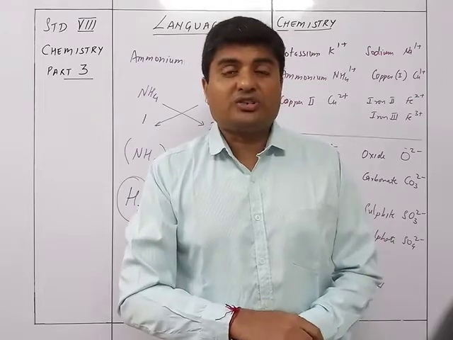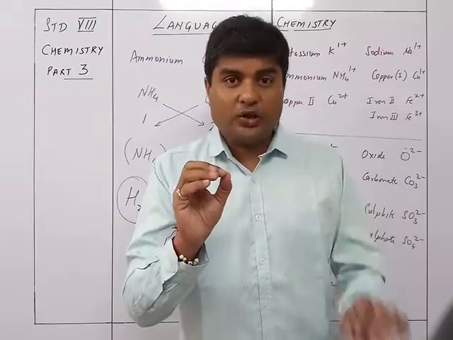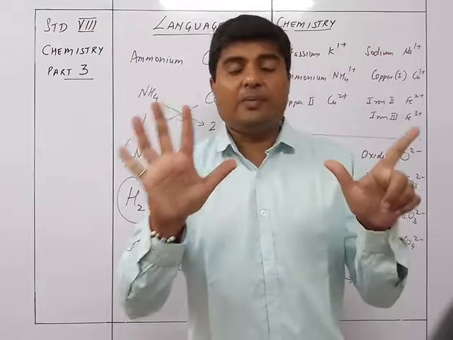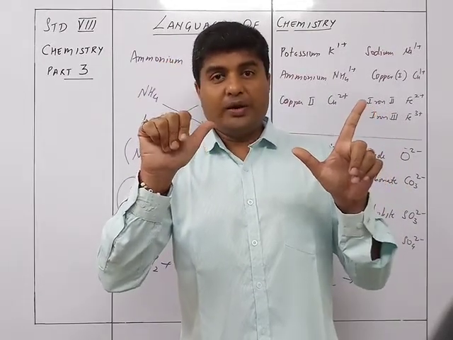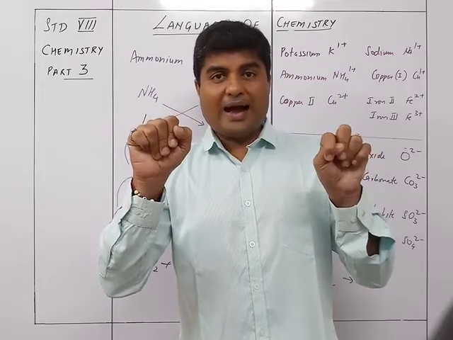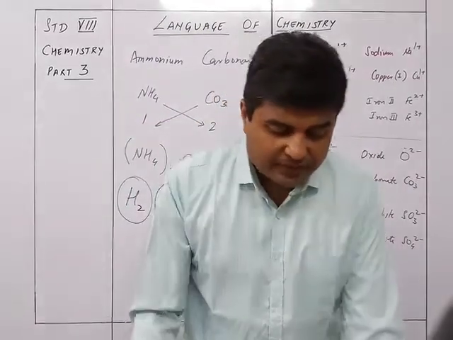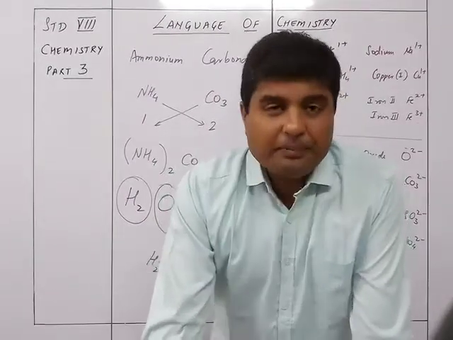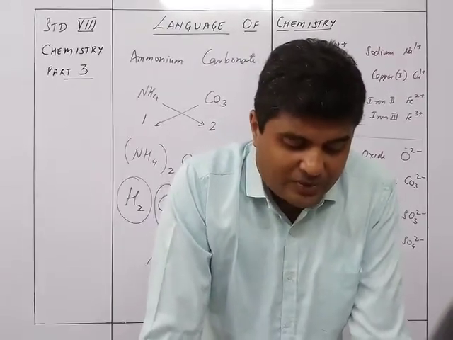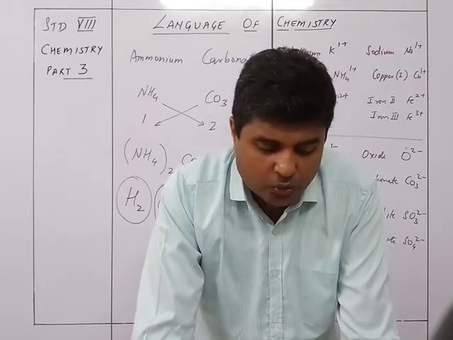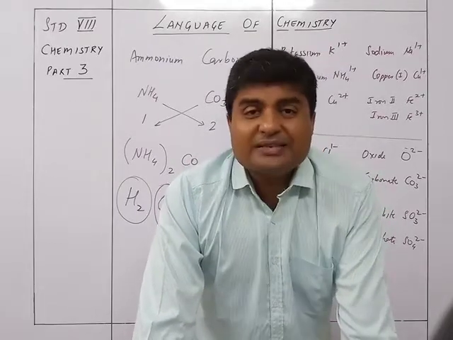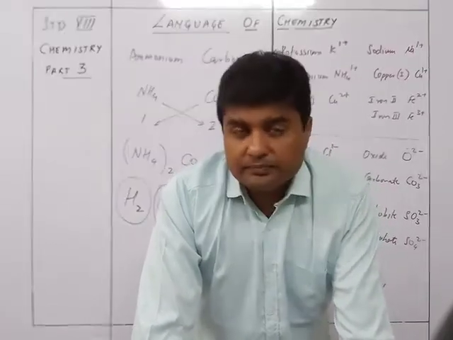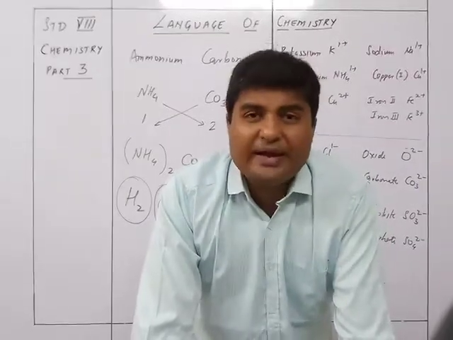So among diatomic molecules, these are the 7 elements: hydrogen, oxygen, nitrogen, chlorine, fluorine, bromine, iodine. That's what they are given over here. Hydrogen will be H2, nitrogen will be N2, oxygen will be O2, chlorine will be Cl2. The next one is hydrogen chloride, HCl. Ammonia is NH3.